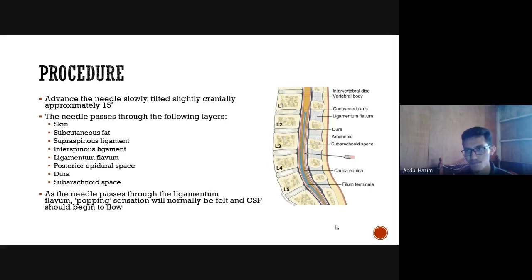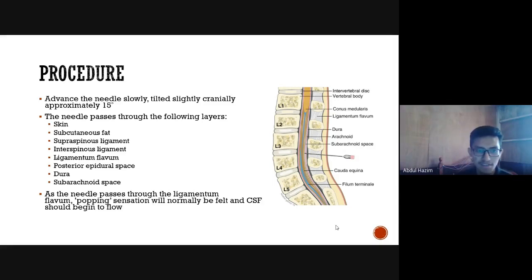Next. So for the procedure, we should advance the needle slowly, and the needle should be tilted slightly cranially at an angle of approximately 15 degrees, as if aiming for the patient's umbilicus. If positioned properly, the needle should pass through these layers before it reaches the subarachnoid space: the skin, the subcutaneous fat, supraspinous ligament, interspinous ligament, ligamentum flavum, posterior epidural space, and also the dura.